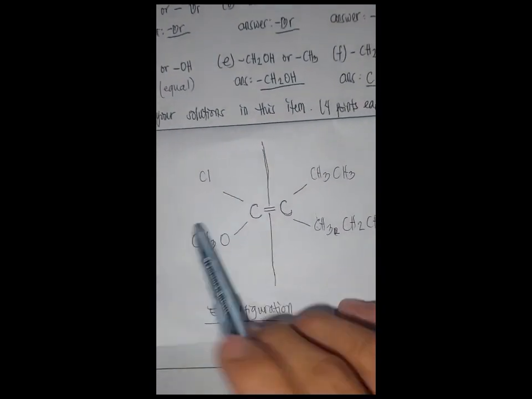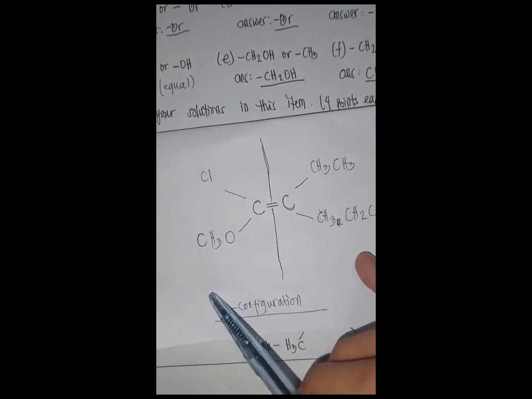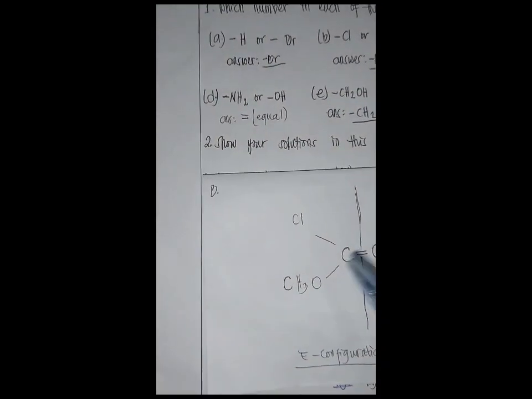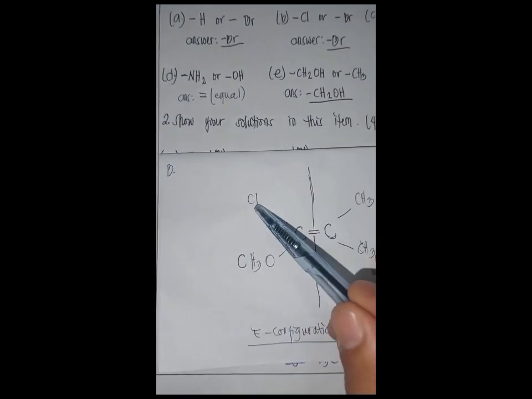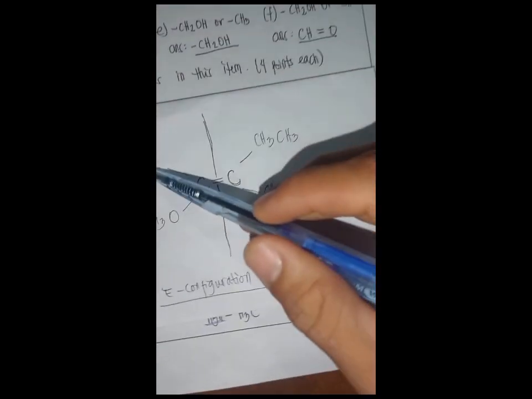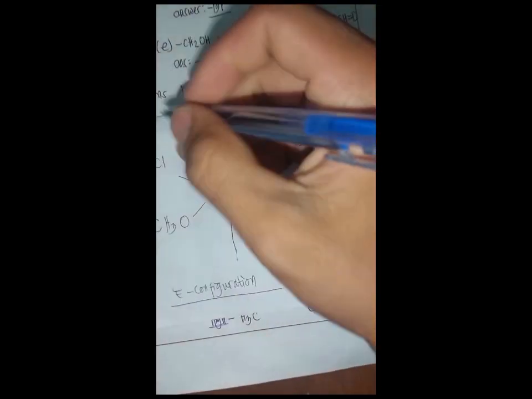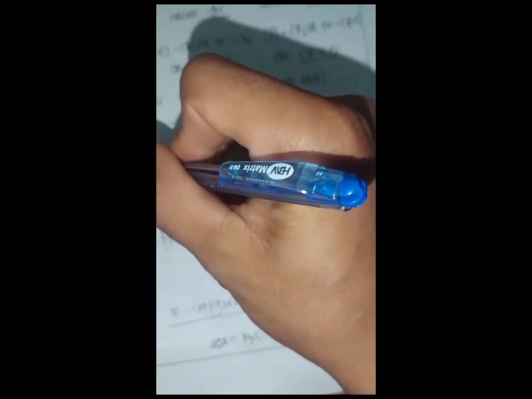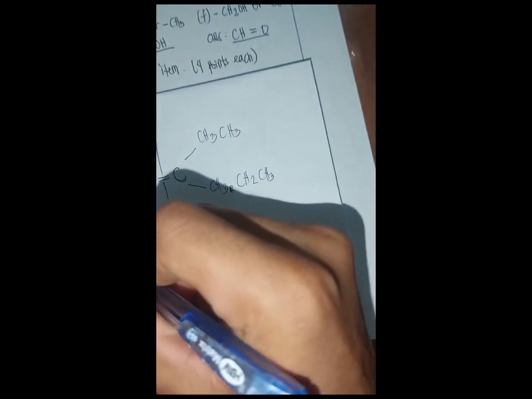So proceed to letter B. So here, Cl over CH3O, then in the right side, CH3 compared to CH3CH2CH3. So in the left first, chlorine over oxygen. Chlorine has the highest atomic number, so here is high and here is low.